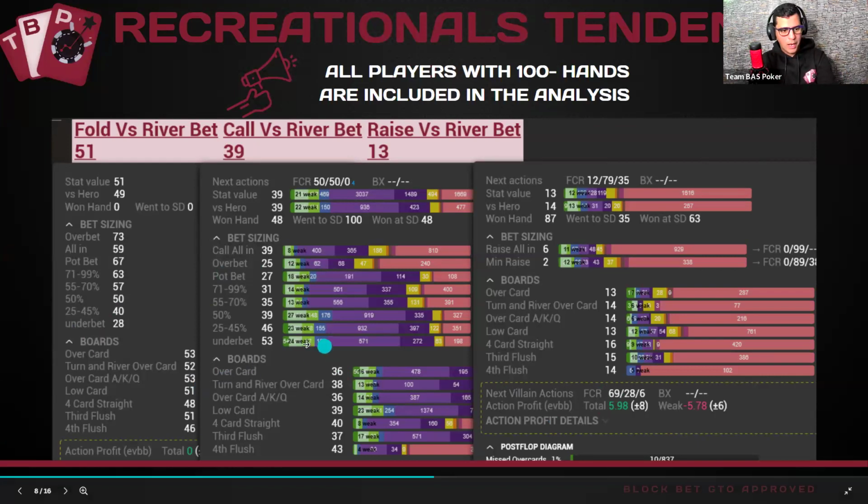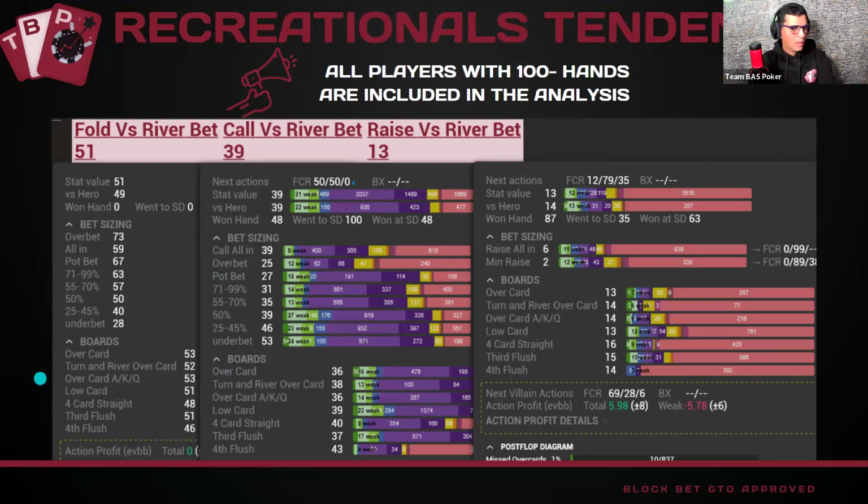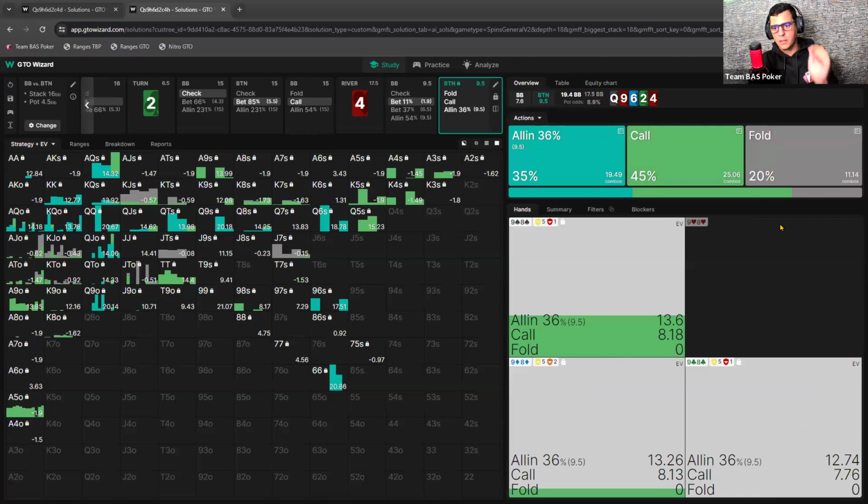So here we have 28, 53, 19%. What I did here is 20% fold instead of 28, 45% call instead of 50, whatever it was, and here raises at 35, because we have 19 raises.